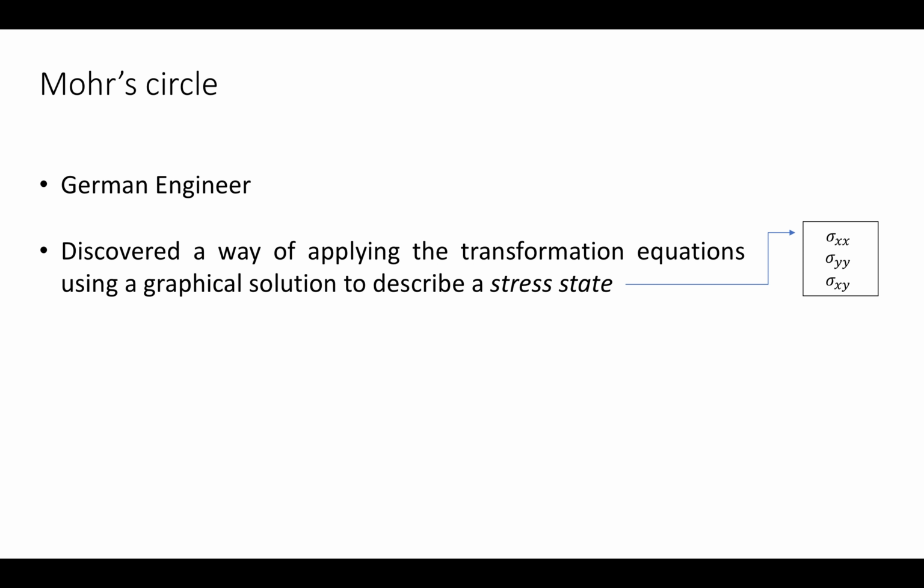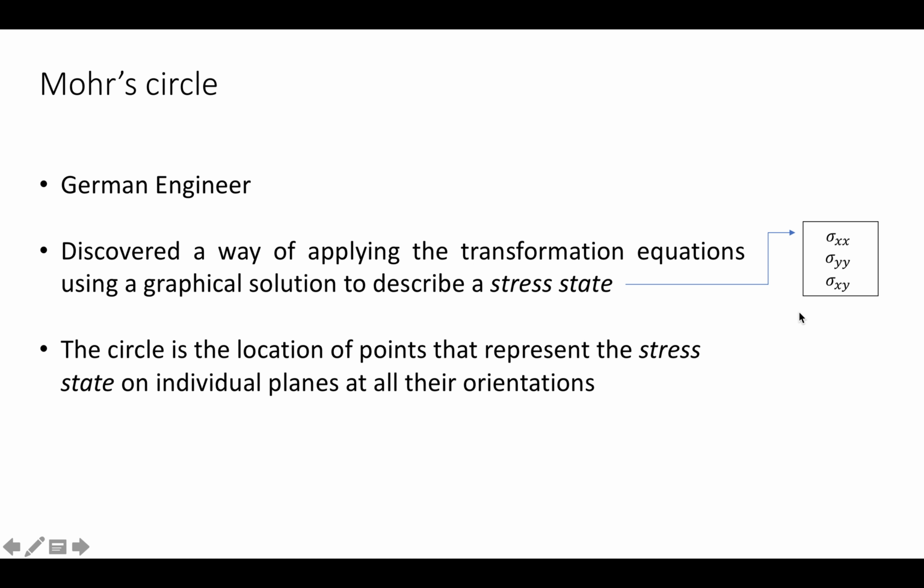So basically here you have the stress state, sigma xx, sigma yy, and sigma xy. And then he realized that the circle is the location of points that represent the stress states on individual planes at all their orientations. So basically, no matter how you rotate, the Mohr circle will give you the stress state.